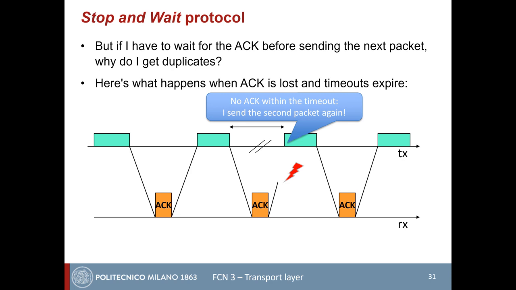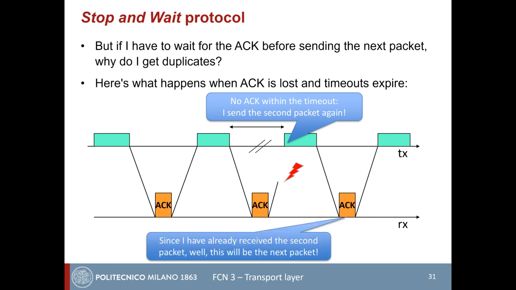So the sender retransmits the same packet, but the receiver has already received that packet correctly, and in fact the receiver has generated the ARQ. The receiver has no way to know if this ARQ was lost or not. So once the sender retransmits the packet, the receiver takes it as a new packet if there is no numbering, because for the receiver the previous packet has been received correctly.